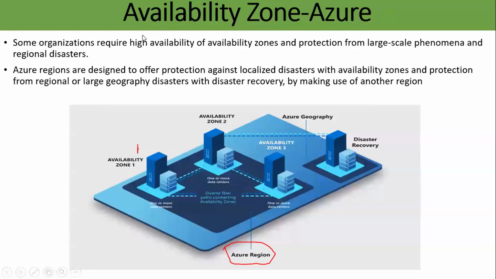You maintain one copy each in the north, west, and south. If you try to communicate to this availability zone, this data center in the server, and it is down, it goes to this one. Suppose this is also down for some other reason, it goes there. And suppose these 3 are also down, it goes to this.